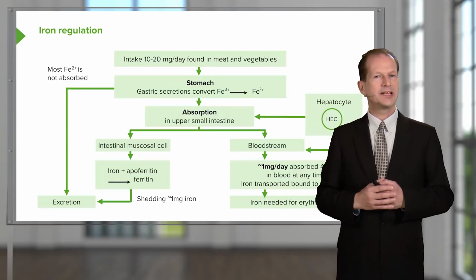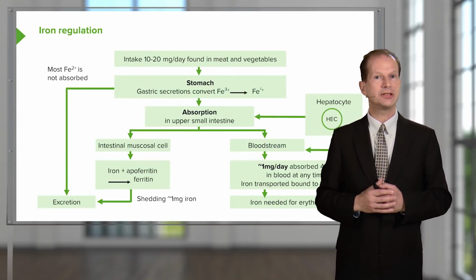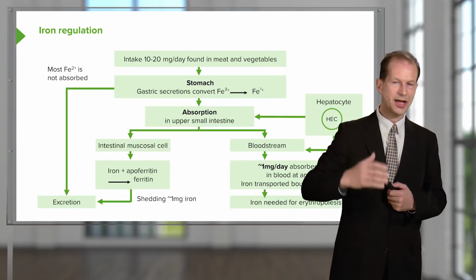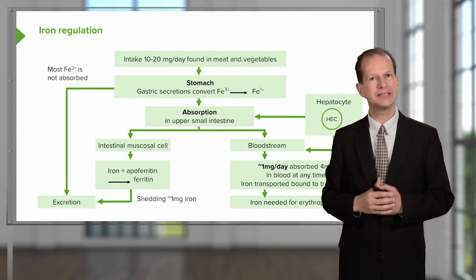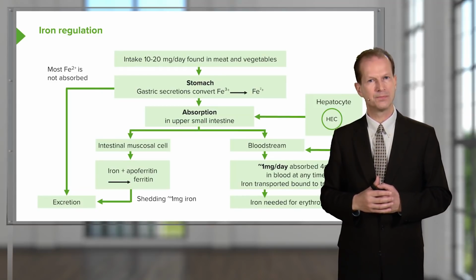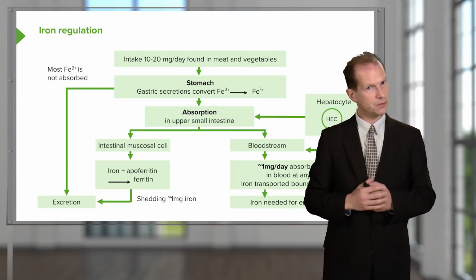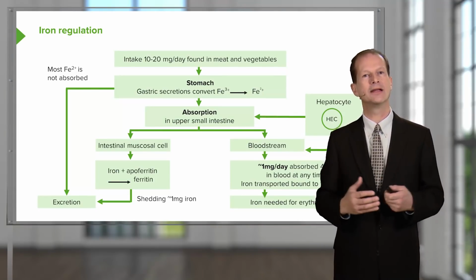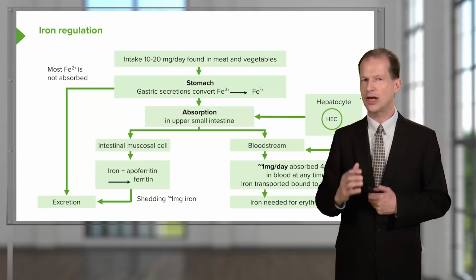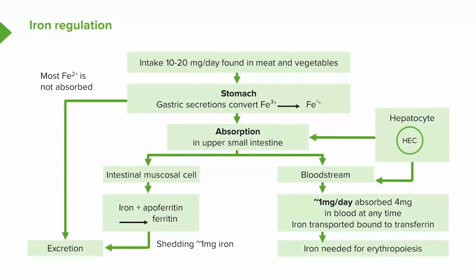This is a representation of iron regulation, and we can see at the top our intake of iron is around 10 to 20 milligrams per day in our food. There are two major forms of iron that we encounter in our diet. Heme iron comes in meat products, and that's relatively well absorbed, whereas non-heme iron is more tricky for our body to absorb.